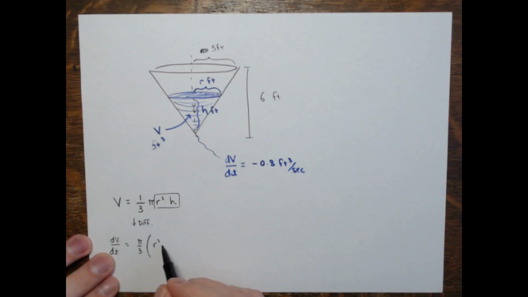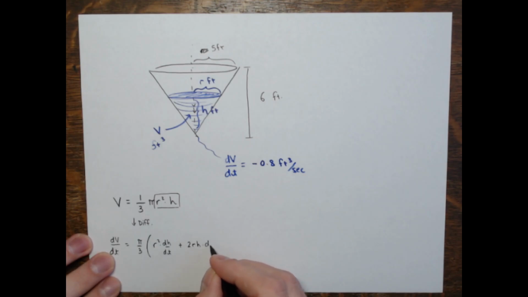So that'd be r squared times dh/dt, plus 2r times dr/dt, times h. The derivative of r squared, where r is a function of time, would be 2r times dr/dt, and then times h.